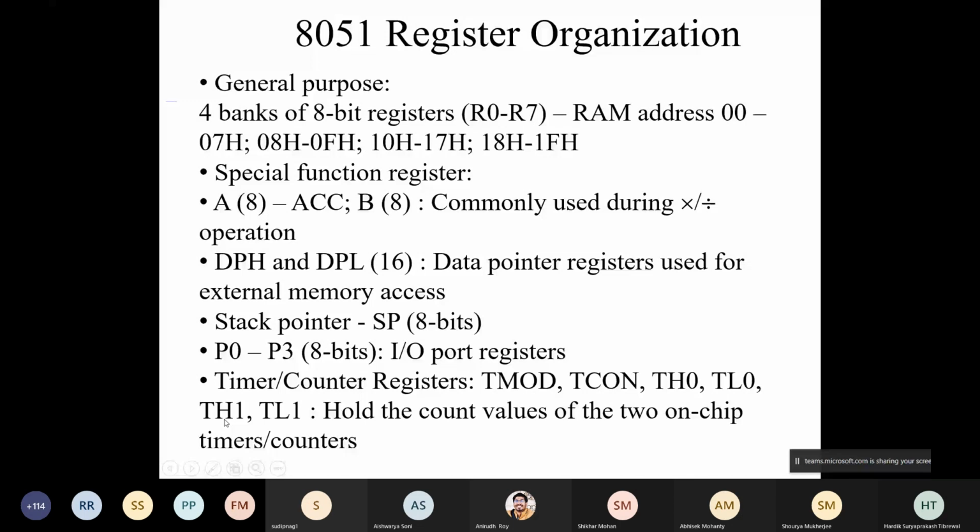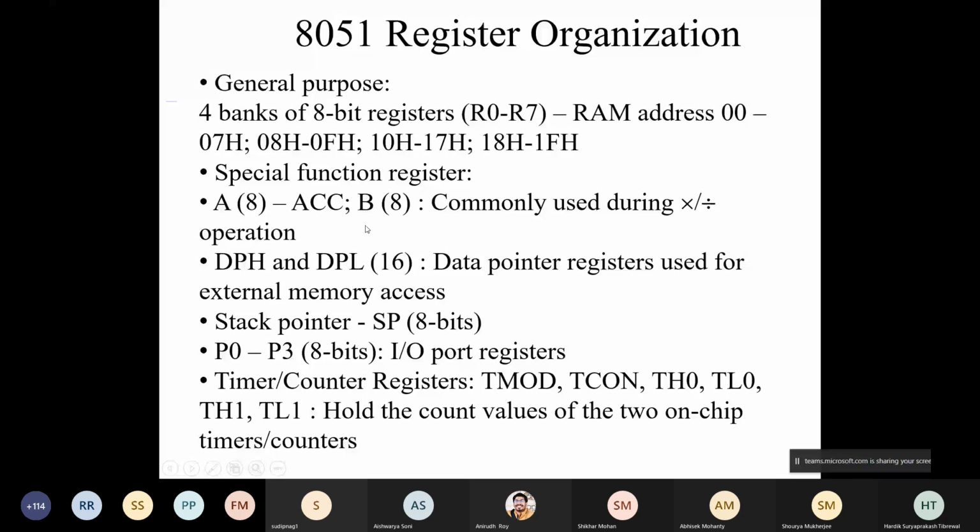So these 6 registers are particularly used for timers, and also you'll see there are some alternate functions as we see the format of these registers. So all these registers like TMOD, TCON, TH, TL are 8-bit wide registers, similar to DPL, DPH, accumulator, and so on. So all of these are 8-bit registers.